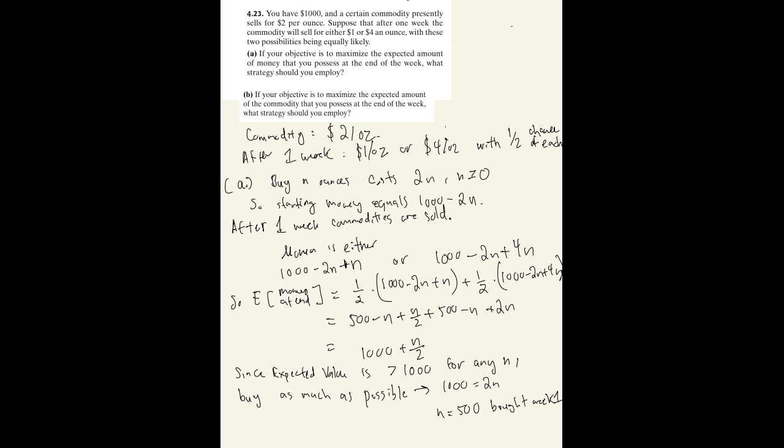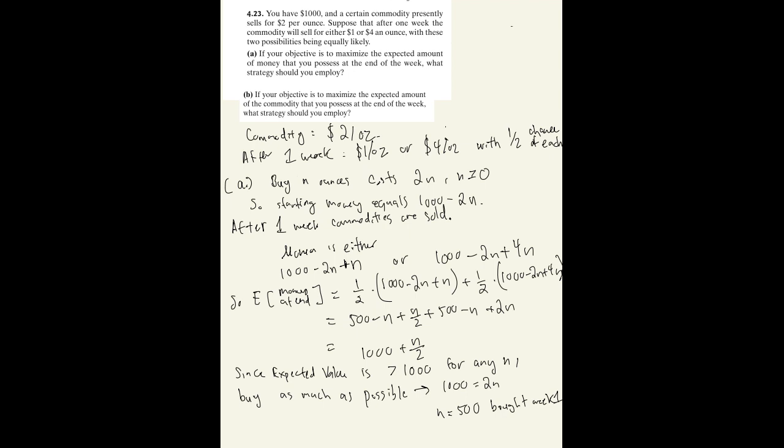So obviously, if the thing drops in value, it's a decreasing function. If it's increasing, it's an increasing function. Anyway, the expected amount of money at the end is we take the probability of each, which was given as 1/2, multiplied by the function.